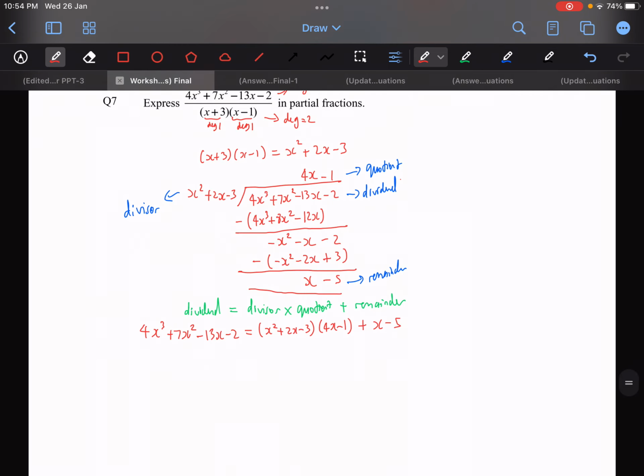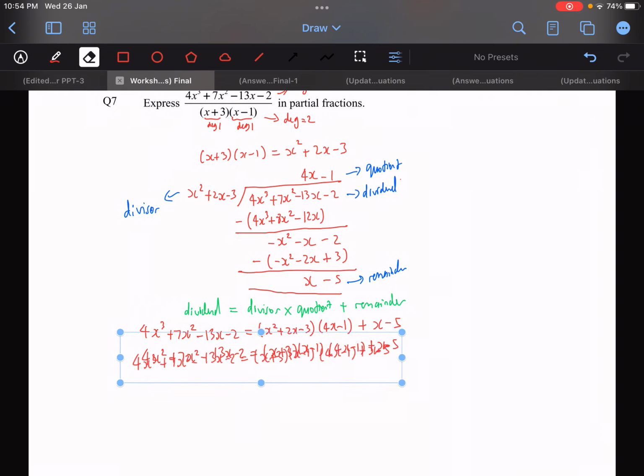Of course at this point we know that x squared plus 2x minus 3 is actually (x plus 3)(x minus 1). So we can of course write it this way: (x plus 3)(x minus 1)(4x minus 1) plus x minus 5. I have a reason for writing this. Later you'll see why. Give me a while, let me erase this.